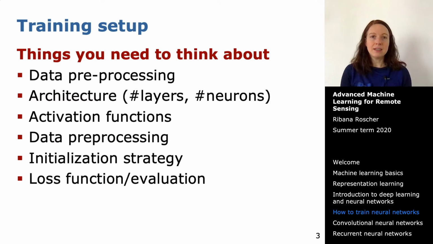And there are several things you need to think about, which ensure a better and more efficient, faster training, and to reach a solution you want to have. So we will talk today about data preprocessing, about some architectures.